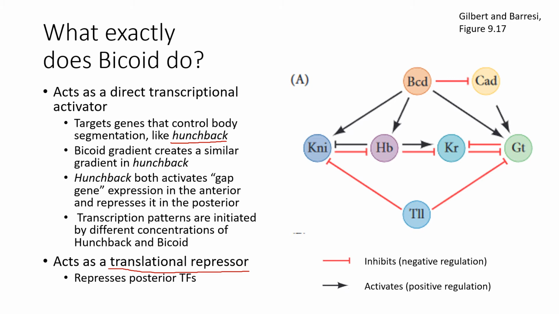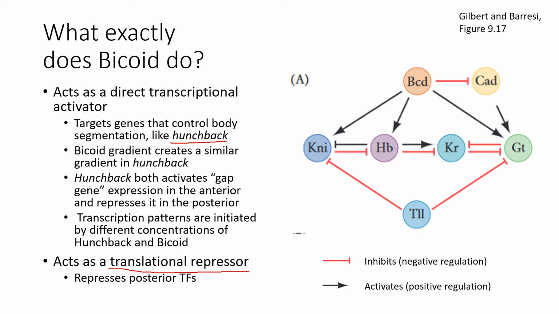A translational repressor is a molecule that blocks the translation of a protein by binding to its messenger RNA. And it represses transcription factors that are normally activated by posterior morphogens. So bicoid being an anterior morphogen, it not only activates anterior genes, but it also represses posterior morphogens as well.